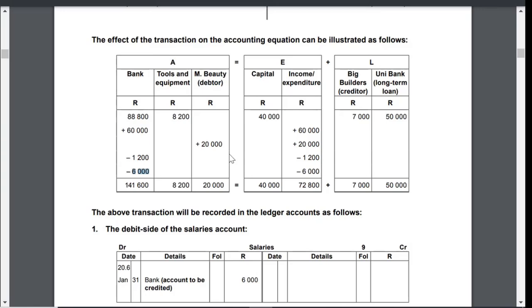When a company pays expenses, equity decreases. So owner's equity is going to decrease. Remember, when a company pays the expense, that expense will decrease the owner's equity.